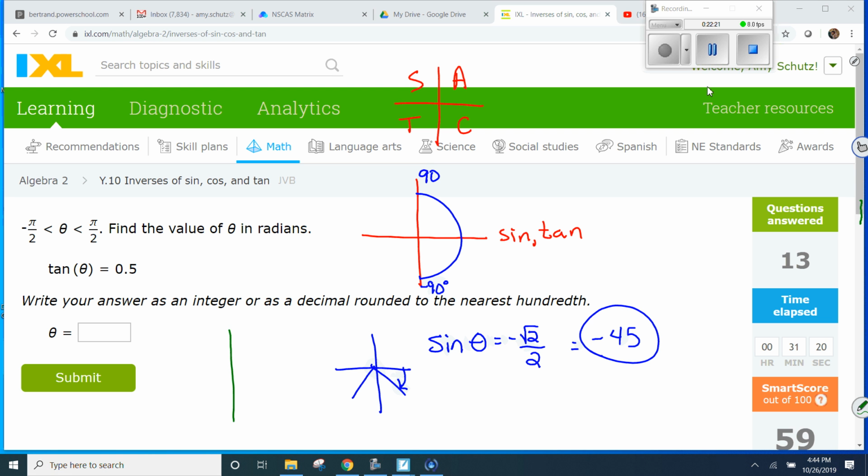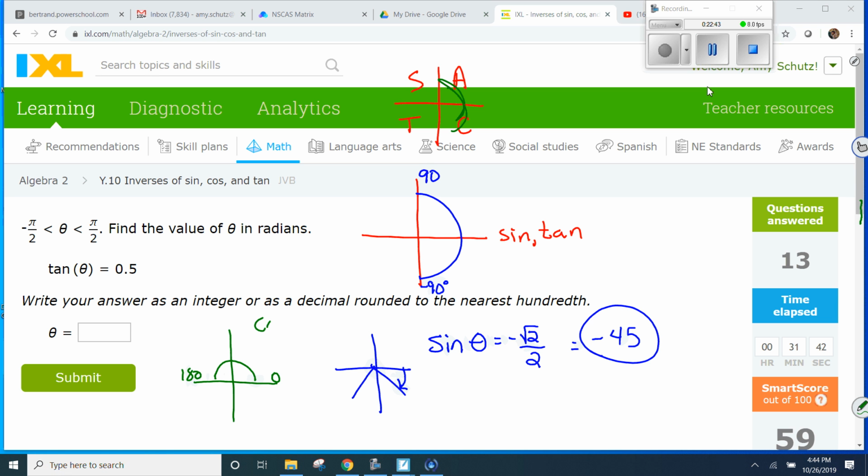Cosine, on the other hand, all students take calculus. You can't range from 90 to negative 90 because cosine is positive in that 4th quadrant. So your angles are going to range from 0 to 180 degrees when you're making reference to those particular angles.